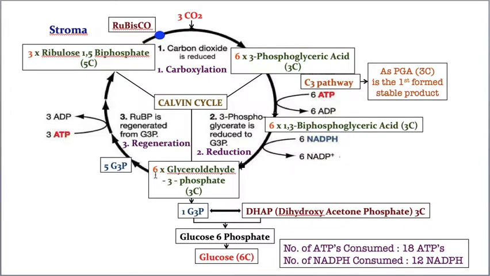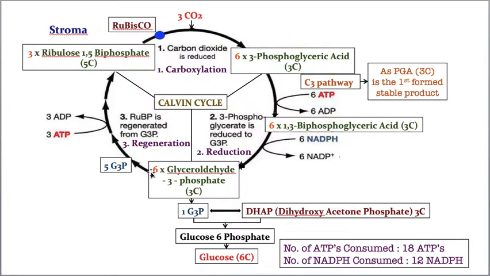Now out of 6, 5 participate in the cycle, and 1 comes out in the form of 1 glyceraldehyde 3 phosphate. This 1 glyceraldehyde 3 phosphate will be temporarily stored in the form of DHAP, and in the second turn, one more glyceraldehyde 3 phosphate will be produced, then it will react with the DHAP, and then converts into glucose 6 phosphate, and later this glucose 6 phosphate converts into glucose. Now here you understood reduction.